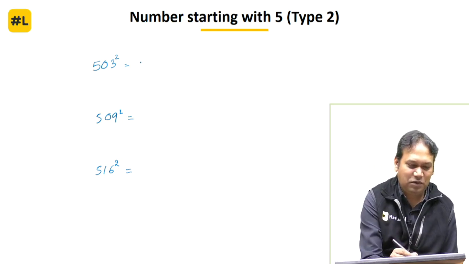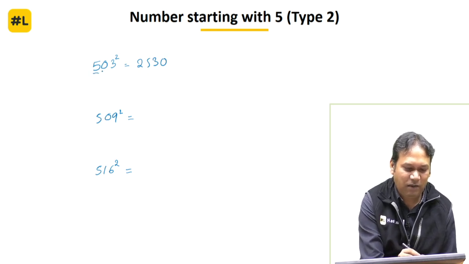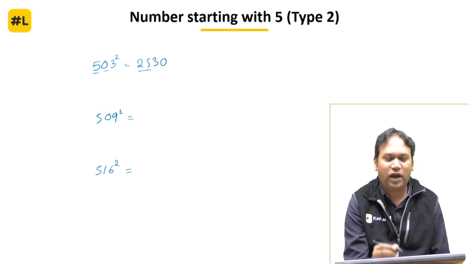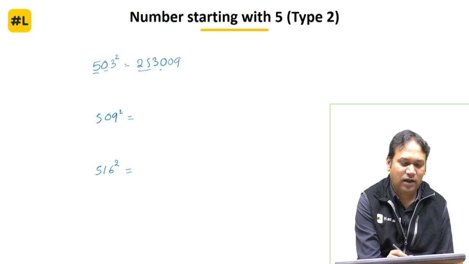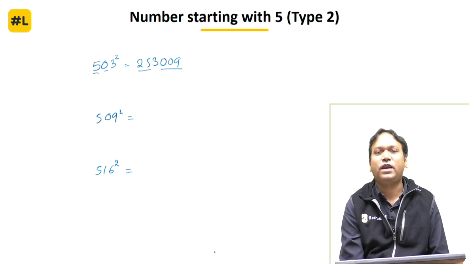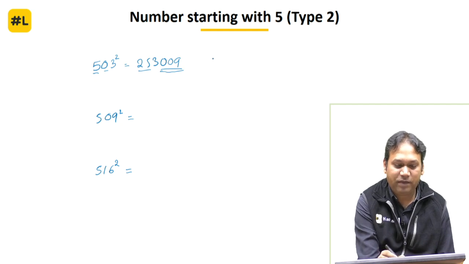Okay, so 253 square: 25 plus 0, 25, 3 comes in the center, and 3 square is 9, so 009. Very important, we need 3 digits here. Let me show you the comparison.